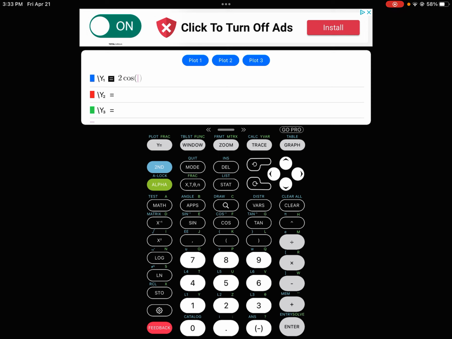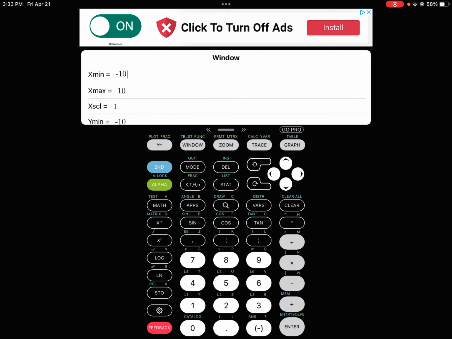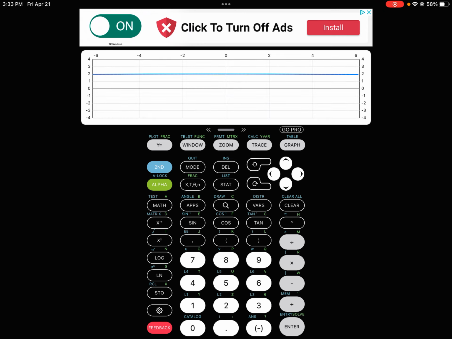Let's type it in just as it is, negative 2x minus parentheses pi over 2, close parentheses. Let's look at that graph. It may not look all that helpful, so what we need to do is look at the window and actually zoom. I'm sorry, I want to zoom to zoom trig and hit enter.